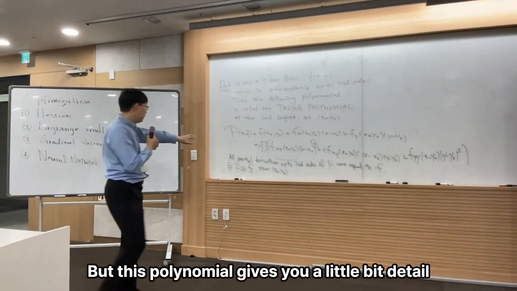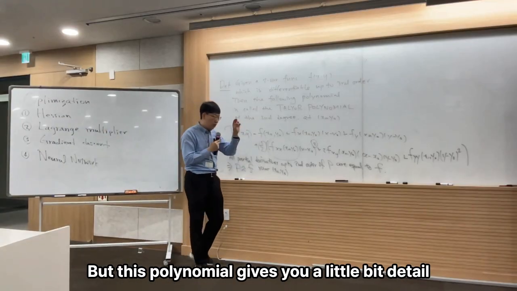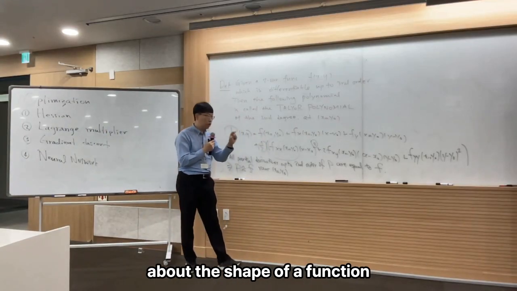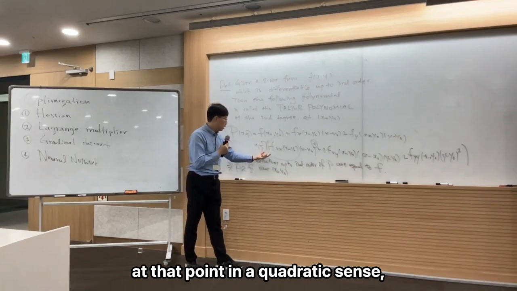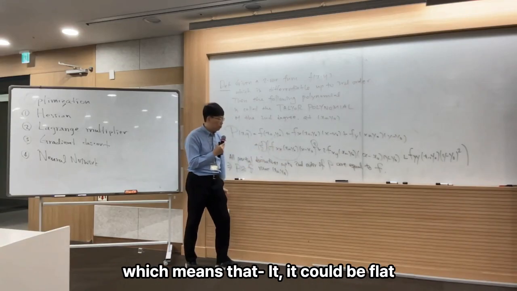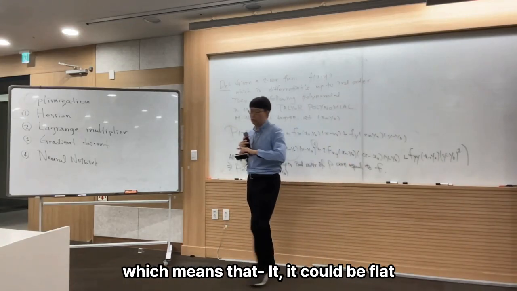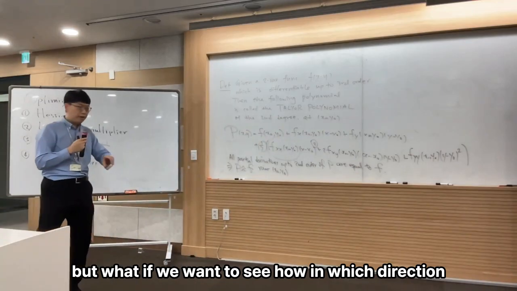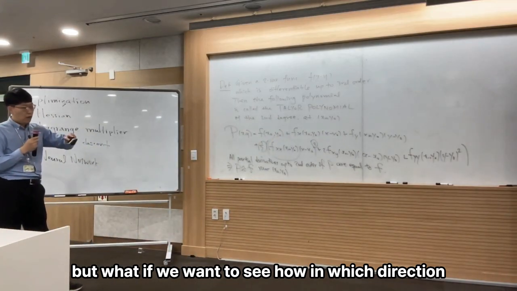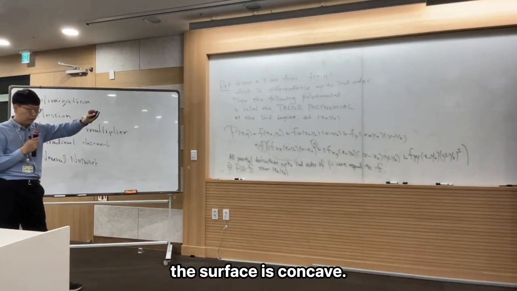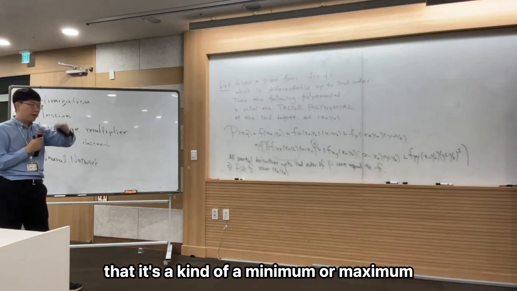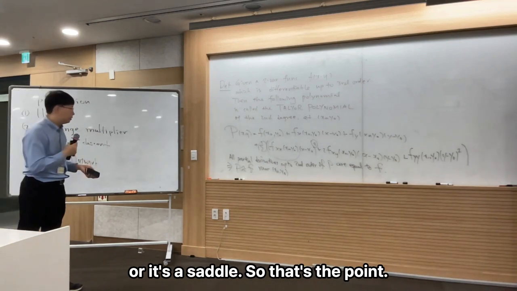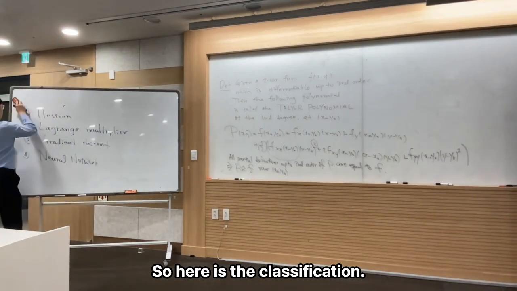But this polynomial gives you a little more detail about the shape of the graph at that point in a quadratic sense. It could be flat, but what if we want to see in which direction the surface is concave? Is it concave up or concave down, which means it's a kind of minimum or maximum, or it's a saddle. So that's the point. So here is the classification.